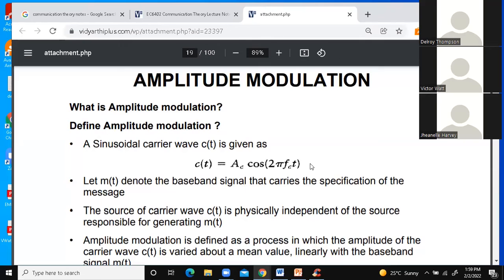So let m(t) denote the baseband signal that carries the specification of the message. The source of the carrier wave is this.